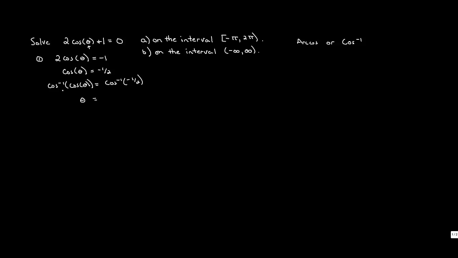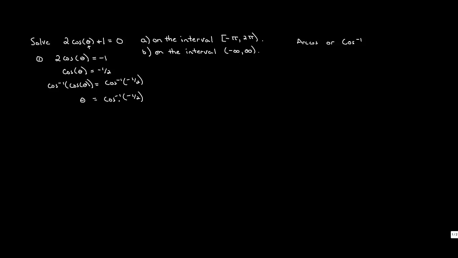This guy gets plugged in here, gets a number out, and then gets plugged into here and comes back out. That's the definition of an inverse. So the angle we're looking for is equal to the arc cosine, or inverse cosine, of -1/2.